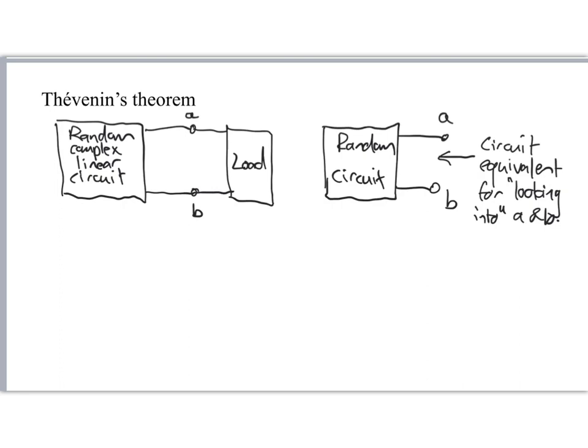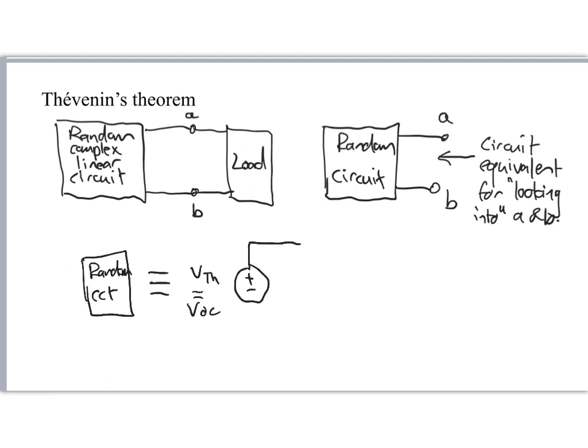And it turns out that that random circuit can be represented by a voltage source, V Thevenin, and V Thevenin is equal to V open circuit, looking into A and B, and R Thevenin, where R Thevenin can be found by turning off all the sources and finding the equivalent resistance.